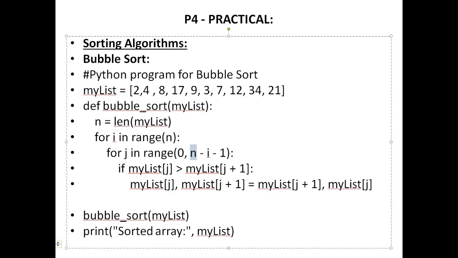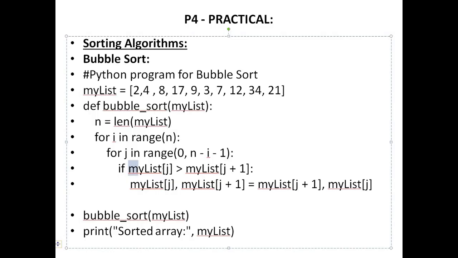Every time the value of i increases, the more the outer loop runs, the fewer times the inner loop will run.